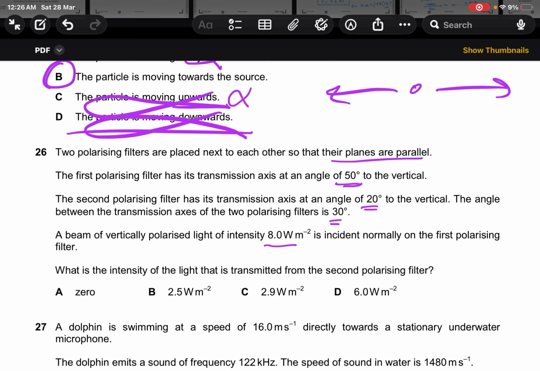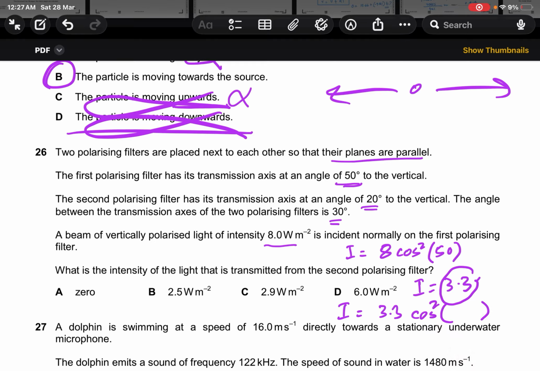Okay, so for the first filter, I transmitted equals I naught cos squared theta, where I naught is 8 and theta is 50. So the intensity that passes from the first filter is 8 cos squared 50, which is 3.3. Now this 3.3 has to pass through the second polarizing filter. So I transmitted equals 3.3 cos squared. Over here, be careful.